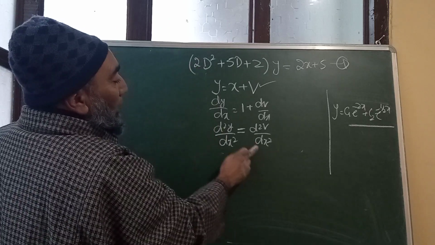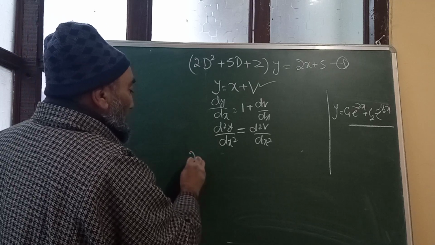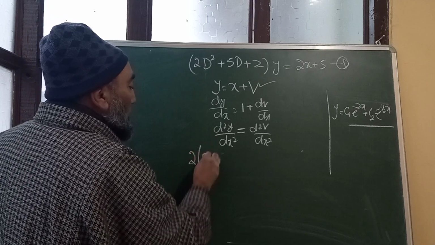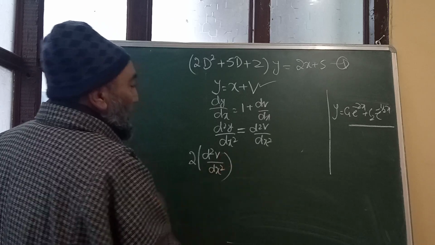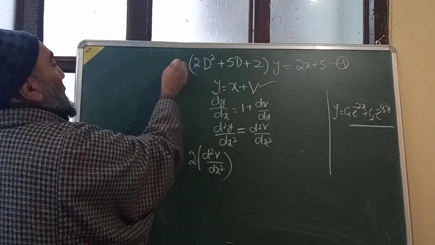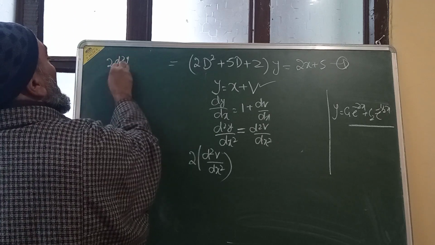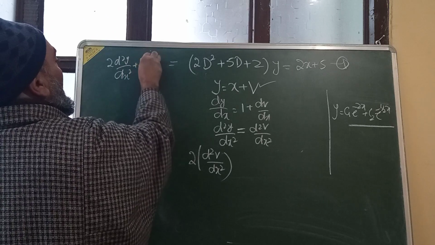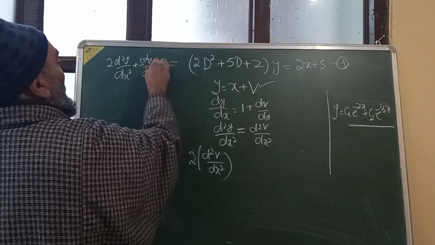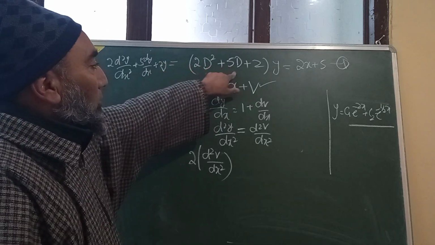This is 2 d square y, this is d square y, so this is twice d2y by dx2, plus 5 dy by dx plus 2y.